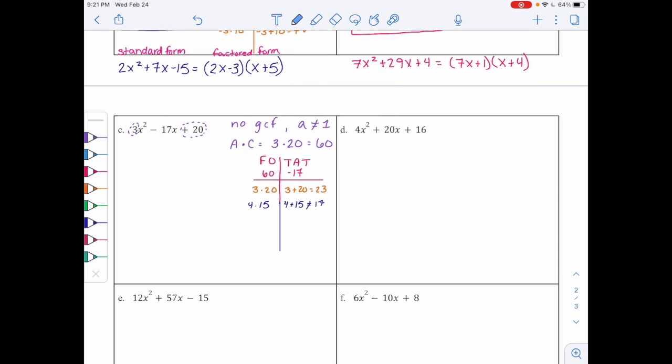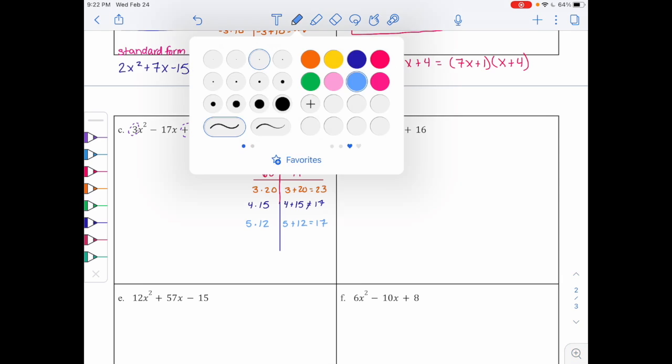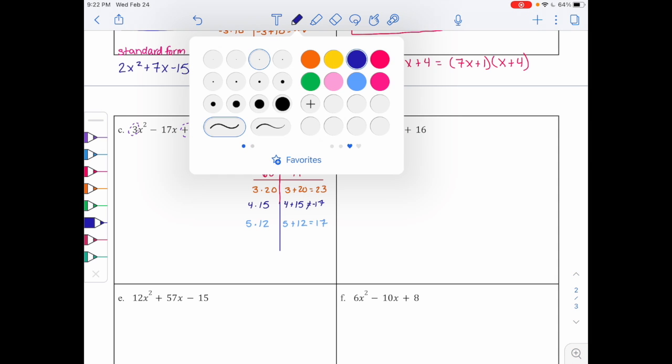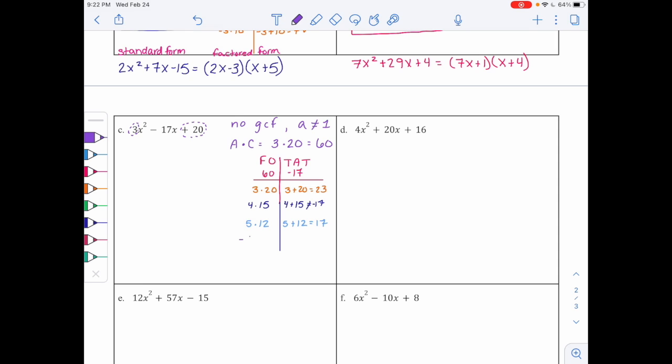So if I do 5 times 12, I get 60. And if I do 5 plus 12, I get positive 17. But I want negative 17. So I'm going to make this -5 and -12. Still multiplies to 60. And now I've got -17.